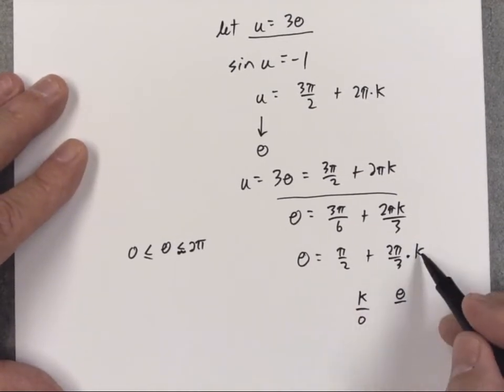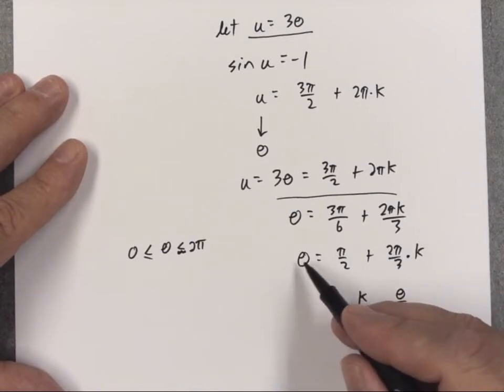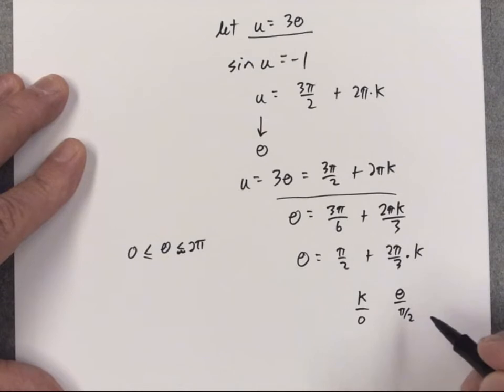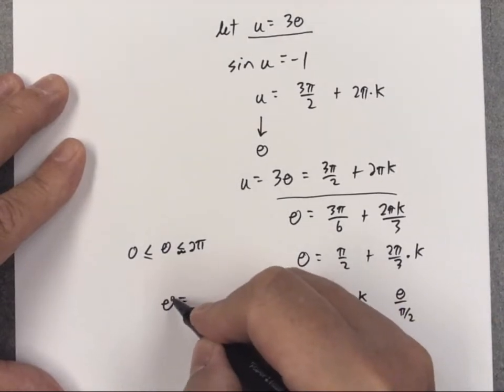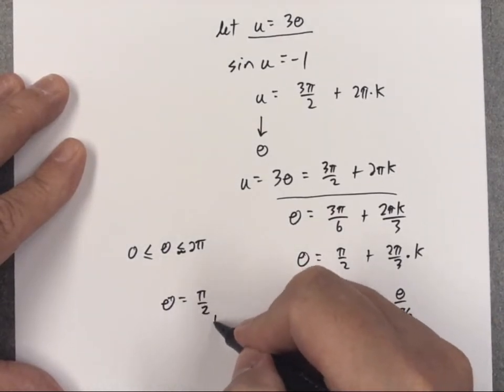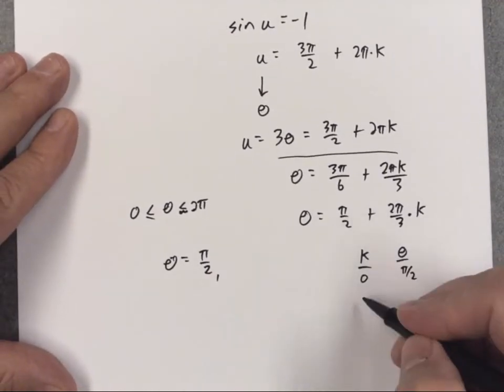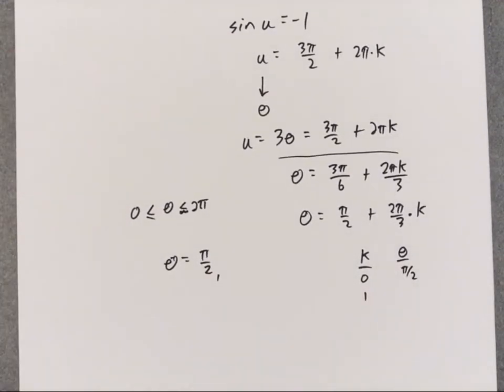When I set k equal to 0, what does theta equal? Well, 0 times this is 0. So there's my first solution. But there might be more solutions. So then I stick in k equals 1. Remember, k is 0, 1, 2, 3, 4. And in fact, we might even need to check k equals minus 1, just to make sure.